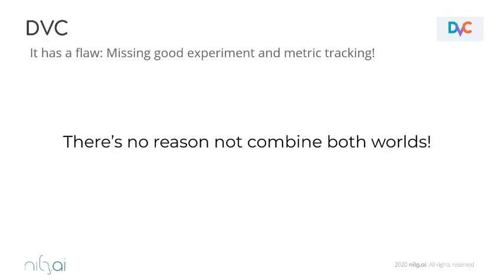But I want to know what I did and what metrics I had, and have a report of all the process that I did in a machine learning or data science project. And that's why I like to combine these both worlds.